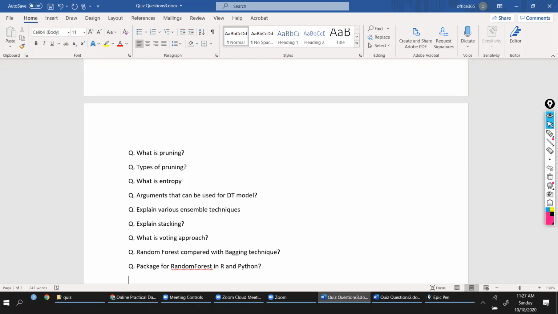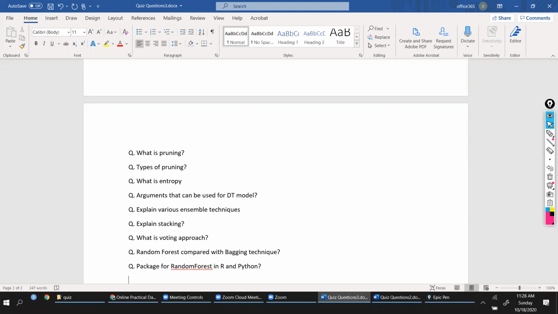Party, okay. Randomforest itself is one of the libraries that we can use. Yes, very good, Preet. With capital F. Randomforest with capital F.